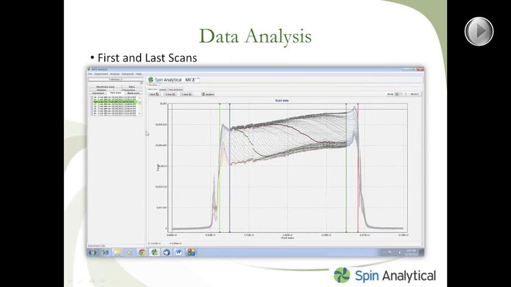The next thing you do is pick out which scans you want to use. In this case, you can see that we've selected two sets of scans. One of them is the first scan to be used in the data analysis, and that one's now drawn in green. And then the last scan to be used in the data analysis has now been covered with red, so you can see where you're going to stop.